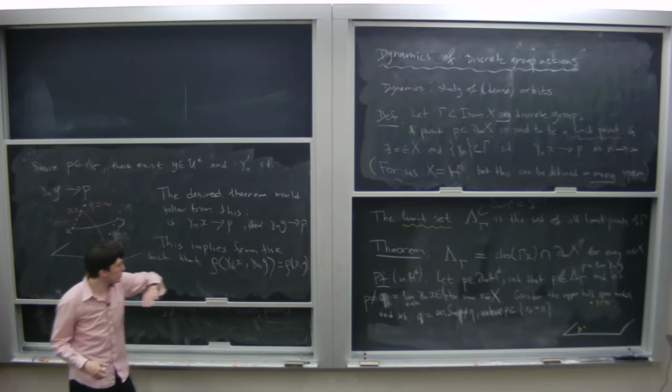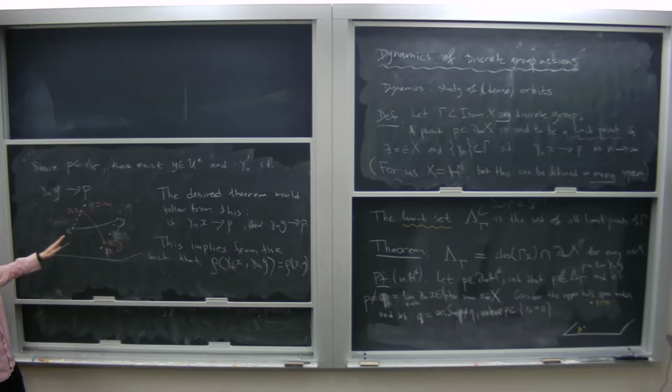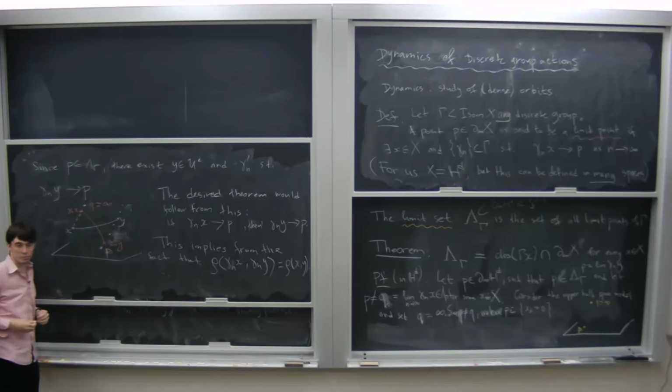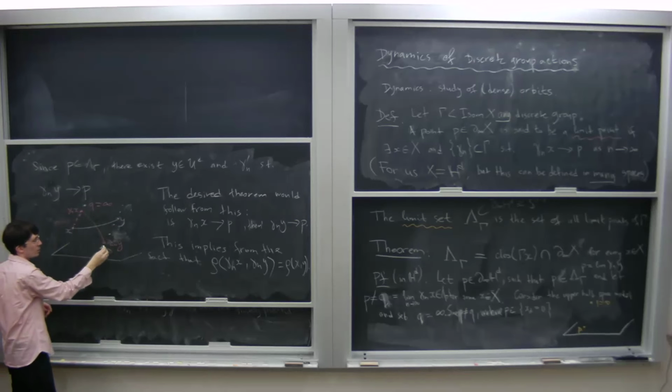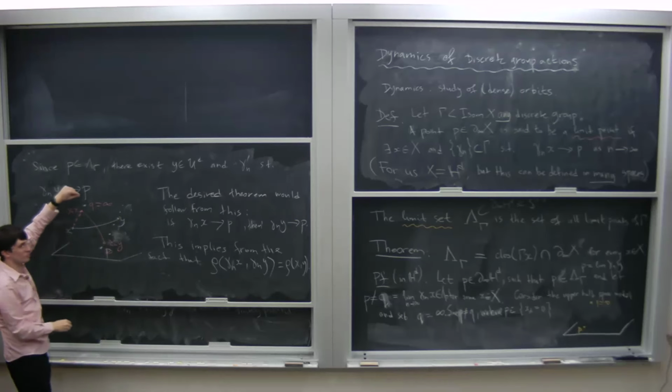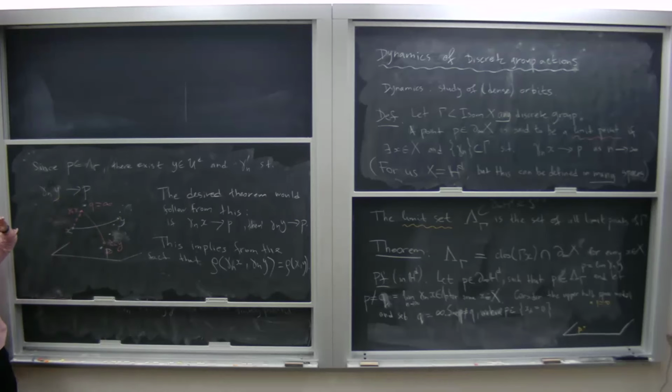So after I pass to the subsequence, I assume that gamma n x converges to infinity, gamma n y converges to something on the hyperplane. The distance between x and y is some fixed number, and the geodesic segment between gamma n x and gamma n y has the same length as this one. But when one goes to infinity, another one goes to the horizontal hyperplane bounding the upper half space model, this cannot happen. How to see this?